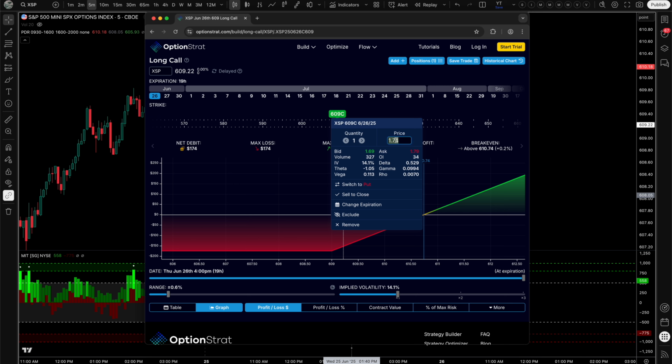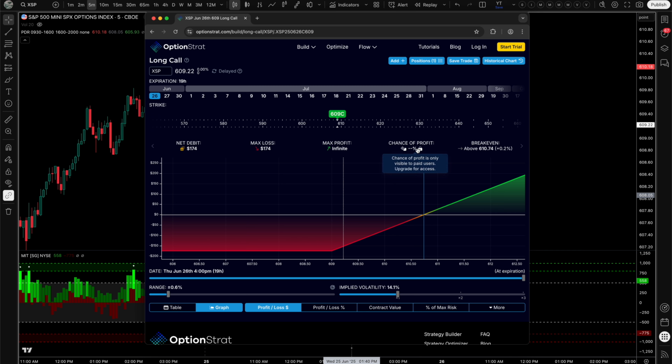But you actually need to account for the premium you just spent, which is another $1.74. So what is 609 adding $1.74? Well, it's 610.74. So you don't need XSP to move to 609. You actually need XSP to move to 610.74. That's just a break even. You're not actually making money.